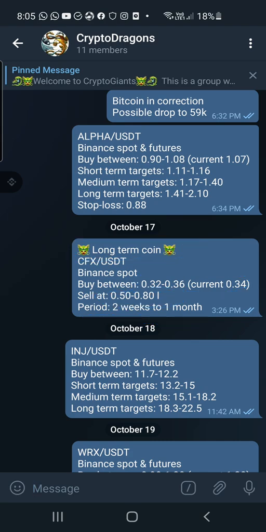So what does that mean? That means that this coin can go down very low before it hits very high. As you can see, the targets are pretty high, and this is about 60% over 70% profit at least, and the period is between 2 weeks and 1 month.